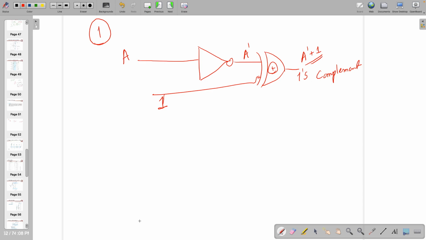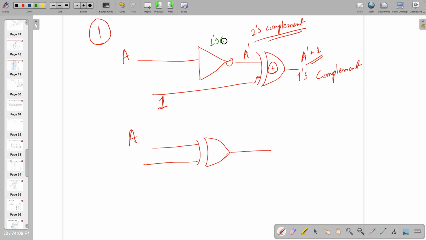Another way, if I need to take the complement of this one, this is 2's complement. This whole thing is 2's complement. We wanted to make it 2's complement by 1's complement plus 1.